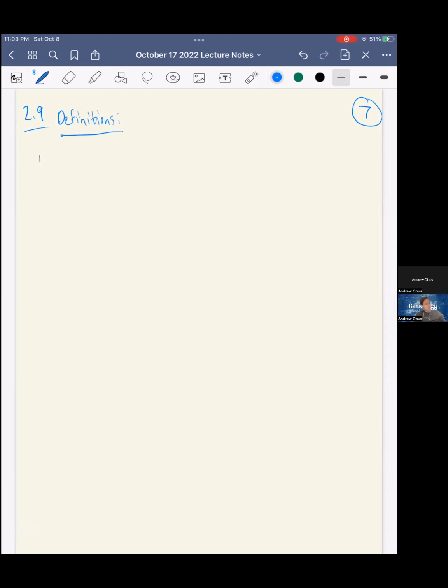The first one is, if H is a subspace of Rn, its dimension, so the dimension of a subspace of Rn, is the number of elements in a basis.